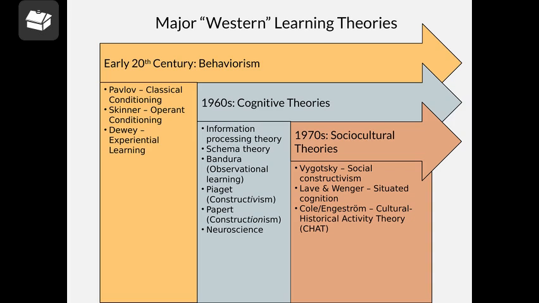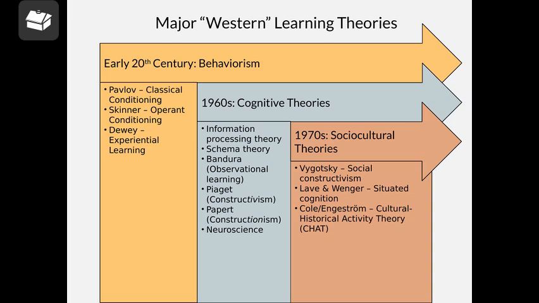Arguably, Dewey lost that battle, and at least in the West, operant conditioning under Skinner really prevailed until the 1950s. It was the scientific theory of learning. You did see in Germany in particular, in the 30s, a Gestalt theory that was much more in common with constructivism that I'm going to talk about next.